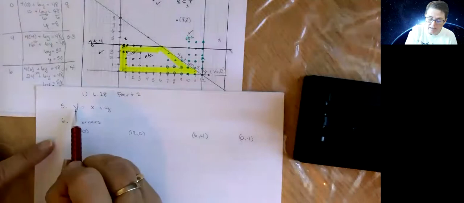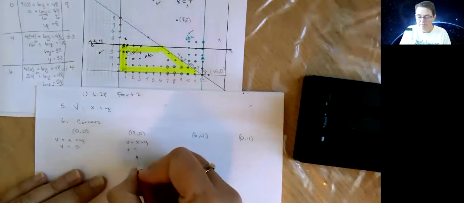Now we just use this formula. B is equal to X plus Y. B is equal to 0. I'm thinking that's going to be our minimum. If we take no cars and no minivans, that is the minimum amount we can take. Next, 12 plus 0.